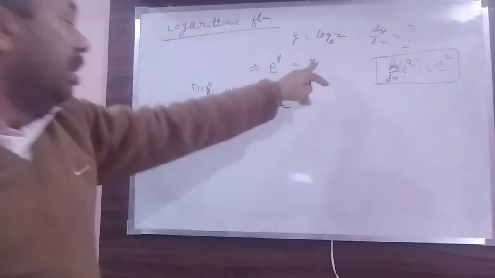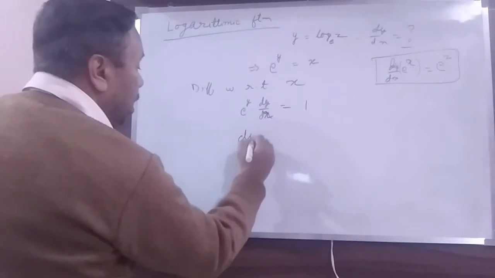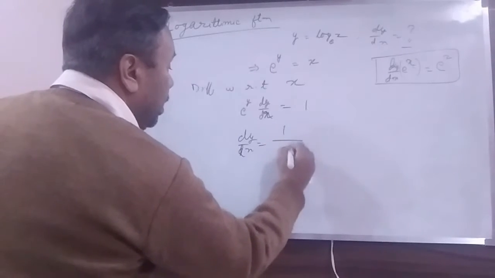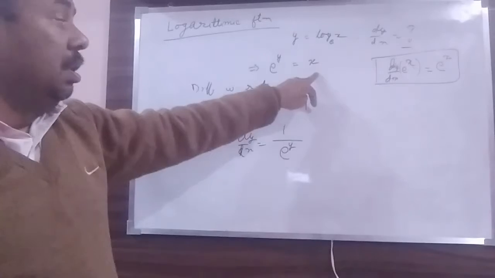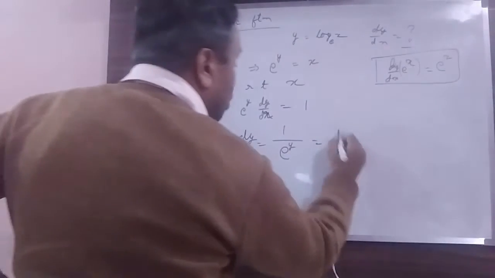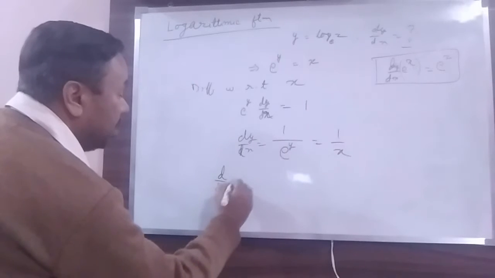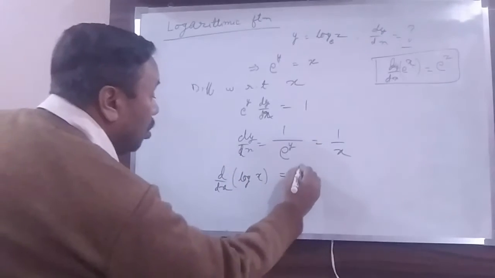And on this side, differentiating x, I will be getting 1. So dy by dx is equal to 1 by e raised to the power y. And what is e raised to the power y? It is x. So it is 1 by x. So d by dx of log x is equal to 1 by x.